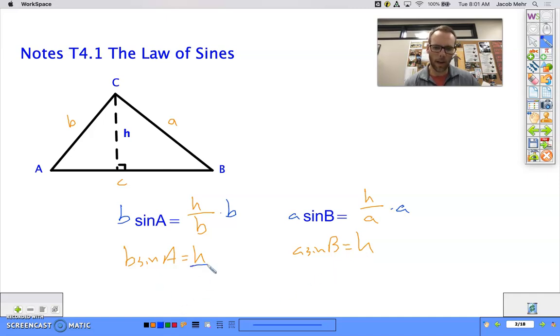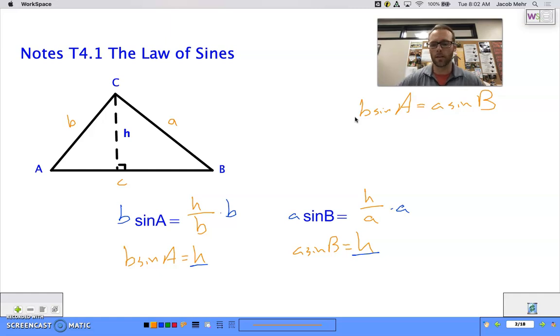And what do we have here? h is in both of these. So what does that mean about b times the sine of A and a times the sine of B? It means they're equal to each other, aren't they? So we can set b times the sine of A equal to a times the sine of B. Those two things are equal.